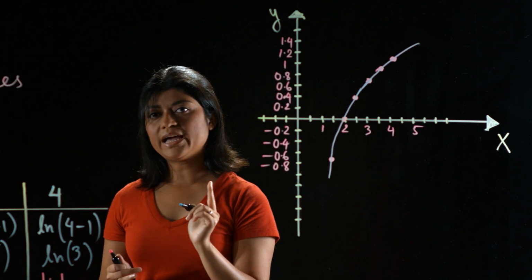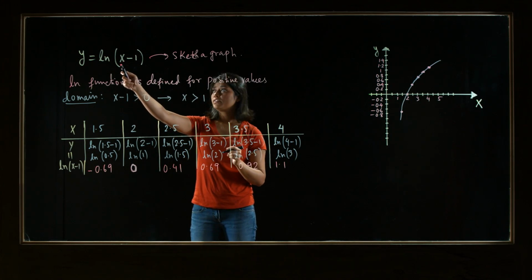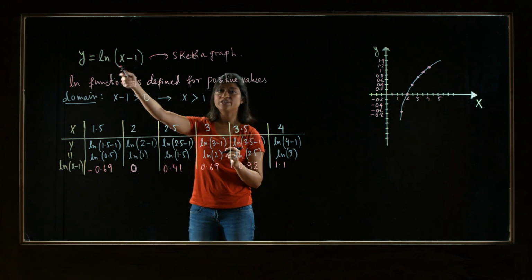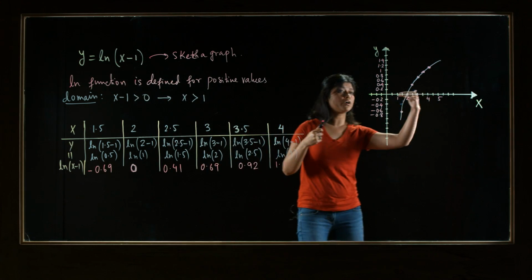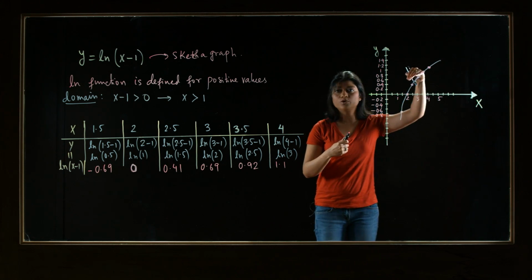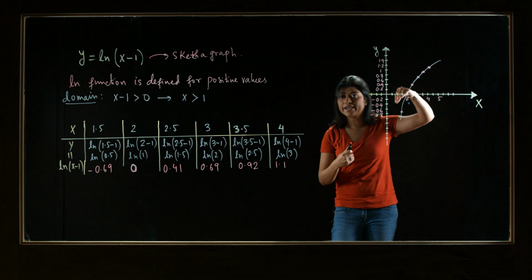And let me point out one more fact. See, at x equals 1, the function is not defined because natural log of 0 is not defined. But as x is approaching 1 from the right side, this function will continue to go downward. So it will be approaching negative infinity.